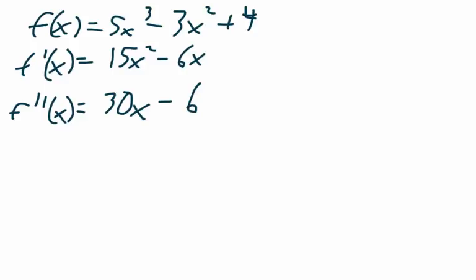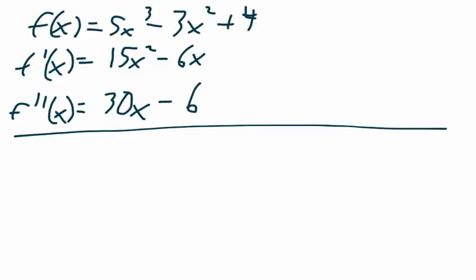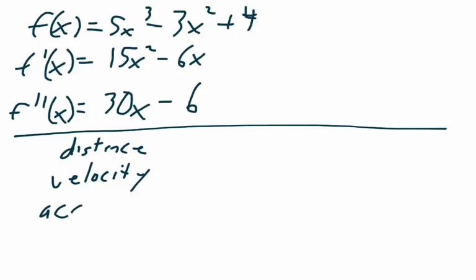And you can take as many orders of derivatives as you can. And a lot of times this has to do with, if we're talking about real life, distance: the derivative is velocity, and then the second derivative will be the acceleration.